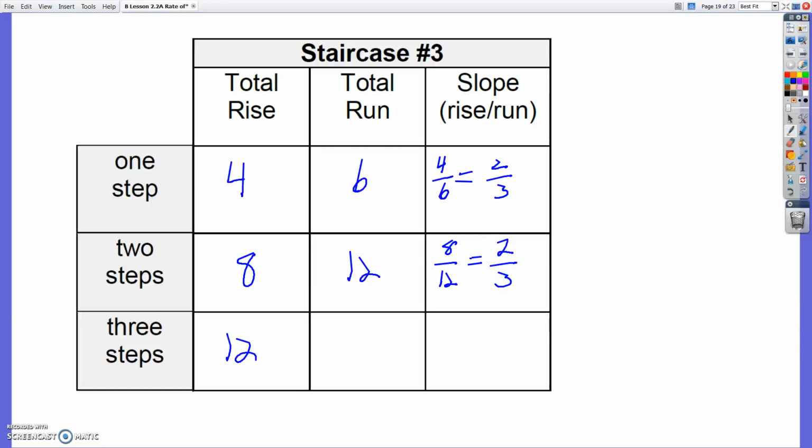And then this would be up 12 over 6 would be 18. Same idea, 12 over 18 would simplify to 2 over 3. So I just want you guys to realize this is my slope, which is equivalent to the rate of change, and it is 2/3. So since my slope is 2/3, I know that it is a linear equation because it has a constant rate of change.